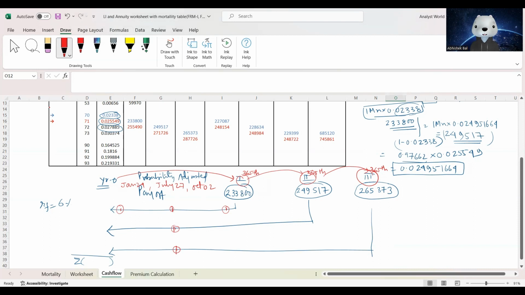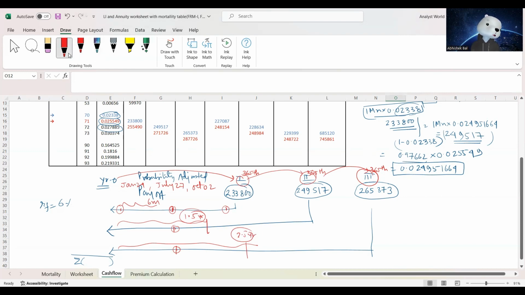So for the first cash flow, if we assume the midpoint of the death here, practically this midpoint is 6 months, and this midpoint is going to be somewhere around 1.5 years, and similarly this is going to be somewhere around 2.5 years, that is, 6 months after each policy year begins.